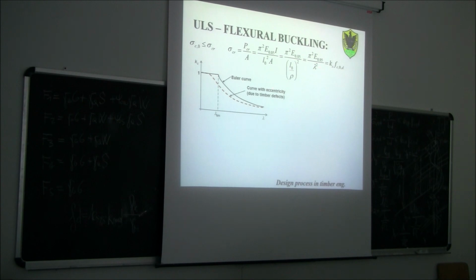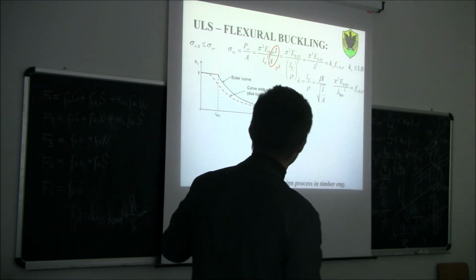At the limit curve, this is equal to kc, the reduction factor that we saw before, times fc0d. The slenderness ratio is L0, the buckling length, divided by the radius of gyration. The buckling length can be expressed as the product of the actual length times a restraint coefficient, beta.